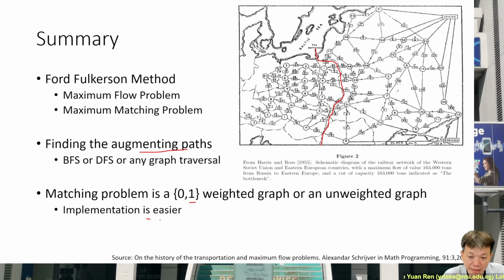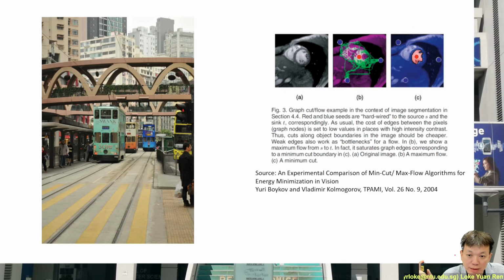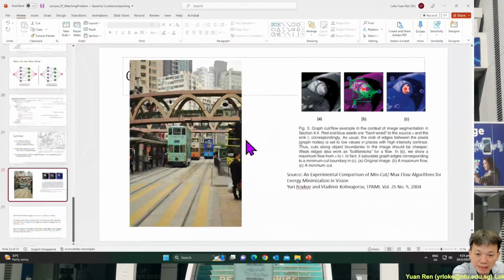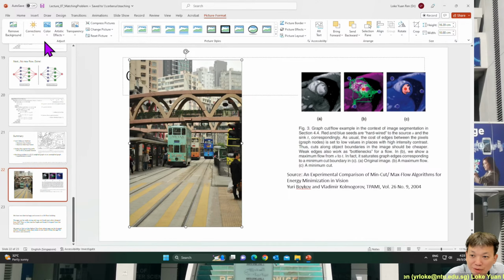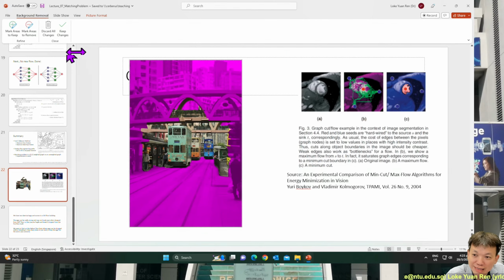So the implementation can be simplified much more compared to the maximum flow problem. And application wise, for maximum flow, actually I don't know whether they have updated it nowadays. Let me try. In PowerPoint, if you're trying to remove the background, you can introduce some points.